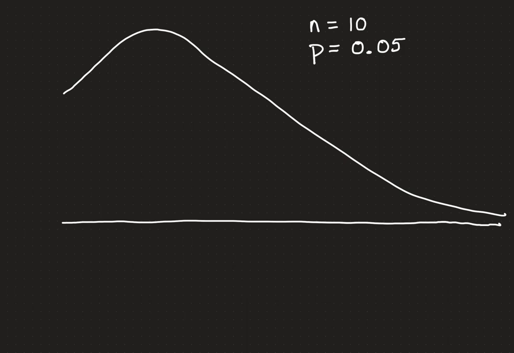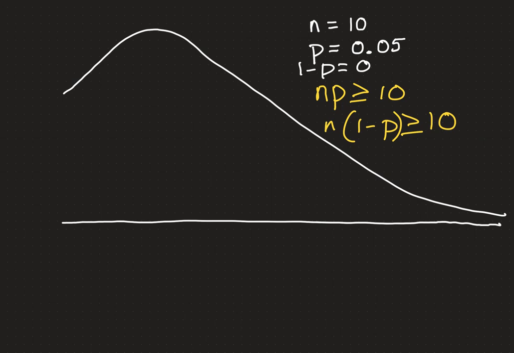So let's check what we're supposed to be checking. In order to use the standard error formula that I gave you, we have to have n times p greater than or equal to 10, and we must also have n times 1 minus p greater than or equal to 10. Oh, by the way, what is 1 minus p? Well, 1 minus p in this instance is 0.95.